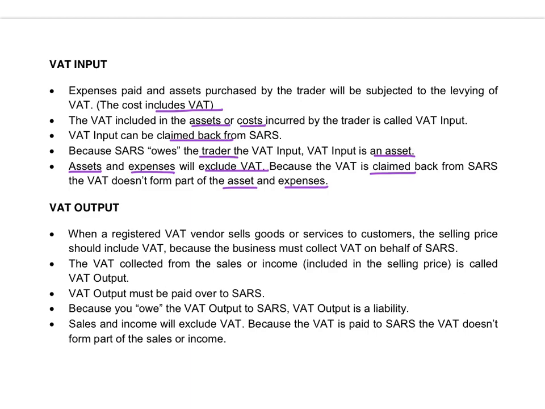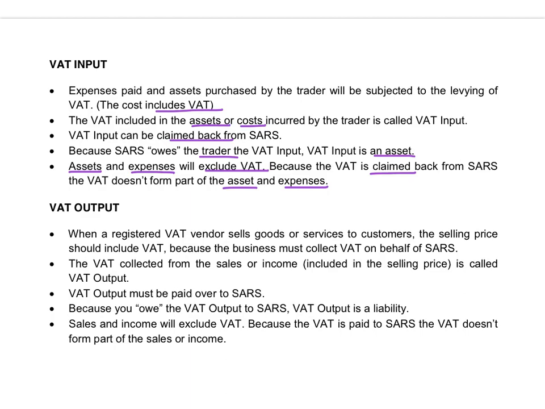When we sell goods, we have to claim VAT on behalf of SARS. Or when we render services to someone else, on the services rendered, we have to collect VAT on behalf of SARS. And on any income that we receive, there will be VAT included that we have to pay over to SARS.